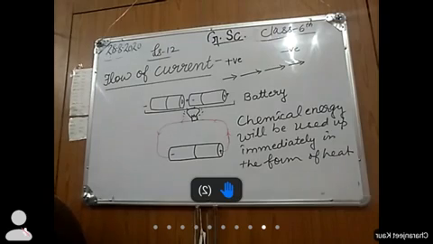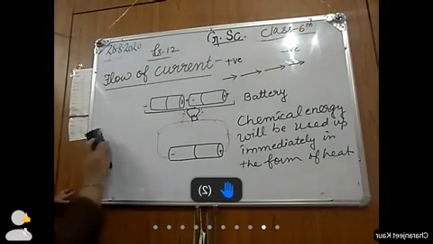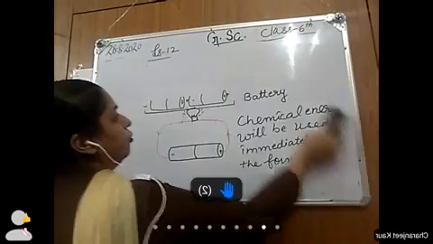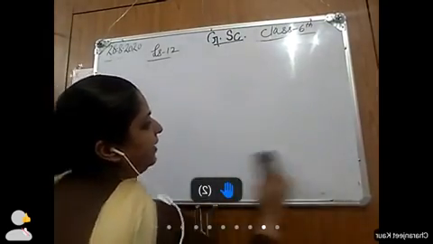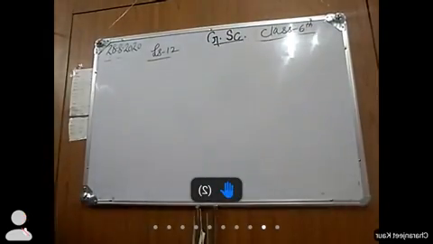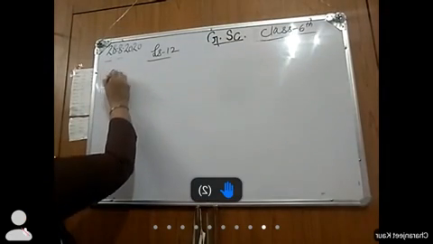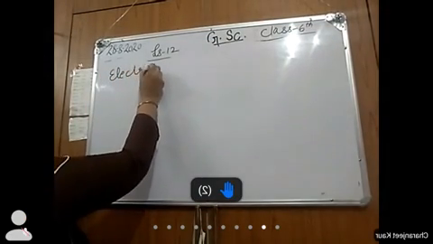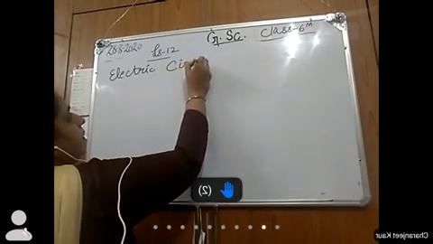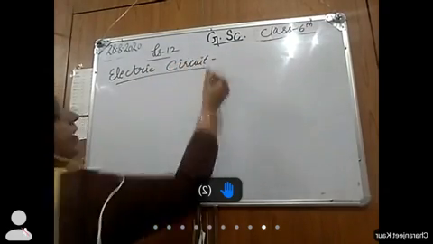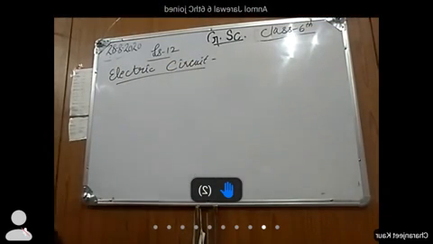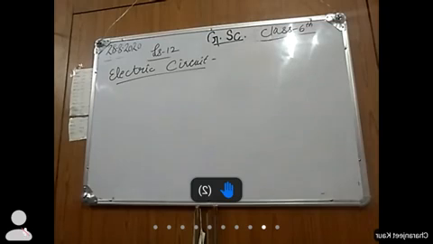Now, coming to the next topic. Our next topic is electric circuit. You can draw the diagram side by side. A little bit of this we had touched on in our previous lecture also. What is the meaning of electric circuit?